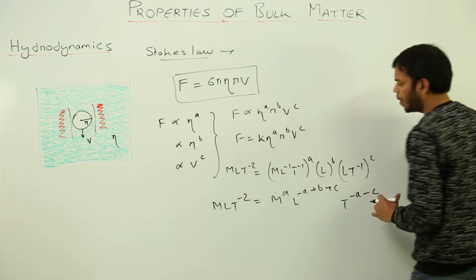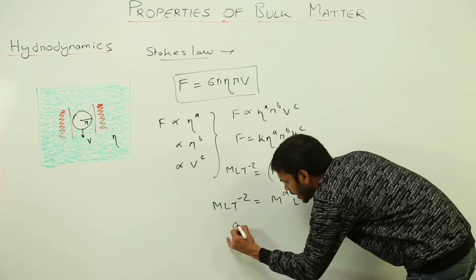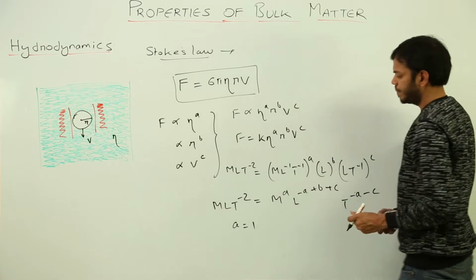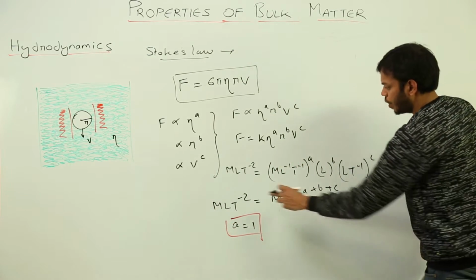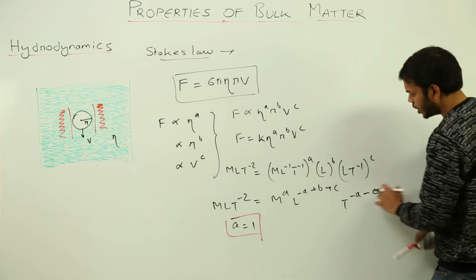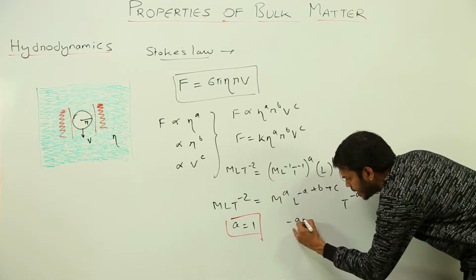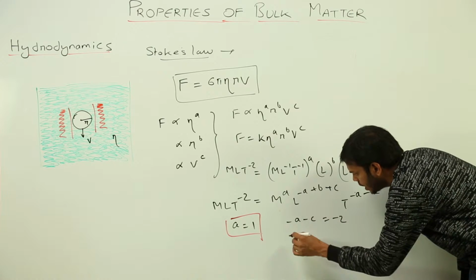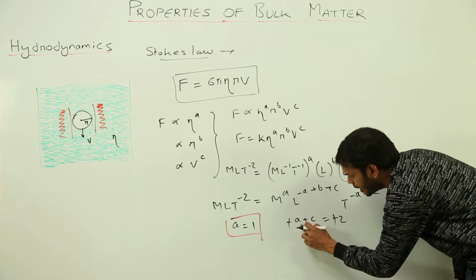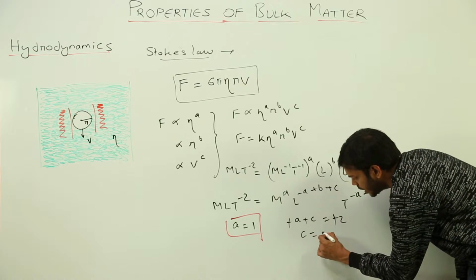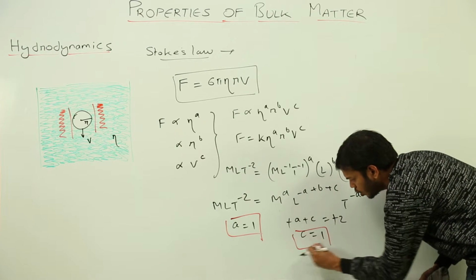So equating powers on both sides, I'll get a is equal to 1, right? Now from T, minus a minus c is equal to minus 2, so these all become positive. A is already 1, so c becomes 2 minus 1, that is 1. C comes out to be 1.